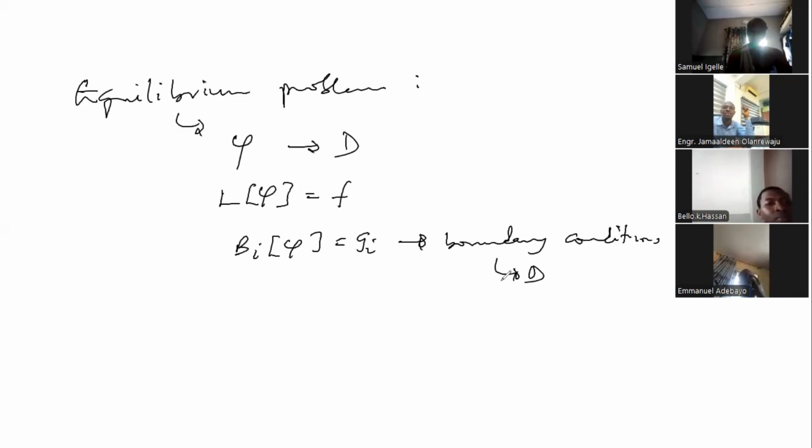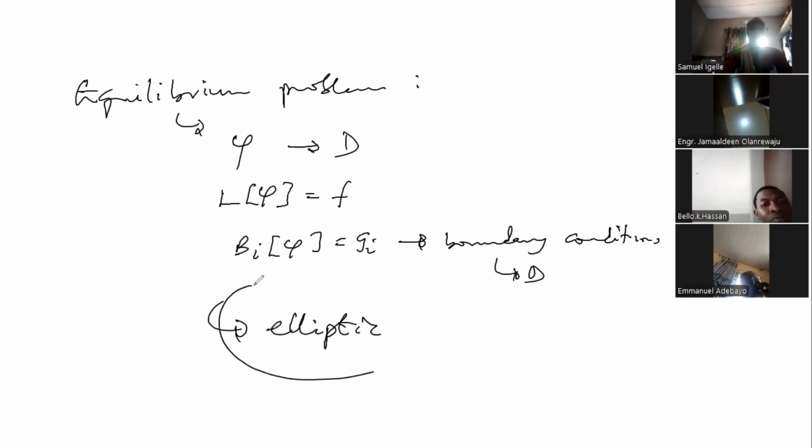So in mathematical terminology, such problems are also known as the boundary value problem, which we have looked up. And the governing equations for these kinds of problems are usually elliptic.